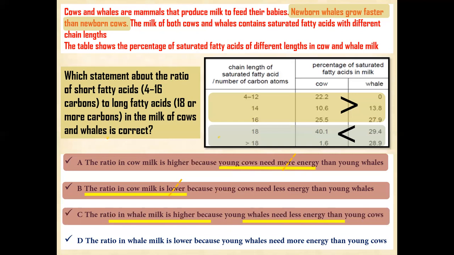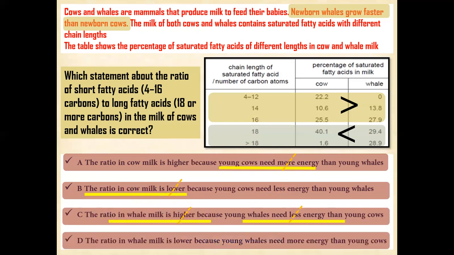We're going to move to the last one. So how is it going to be correct? Now the ratio in the whale milk is lower because the young whale needs more energy than the young cow.